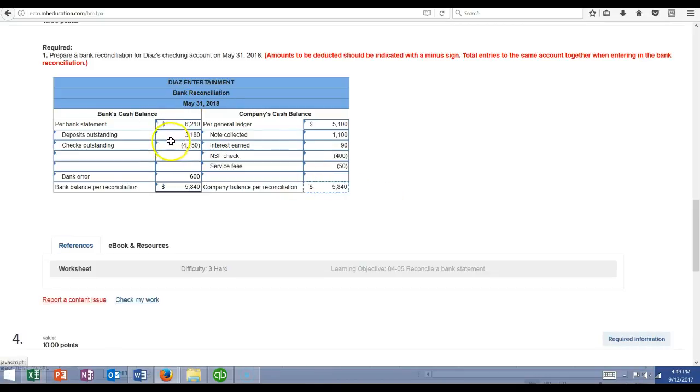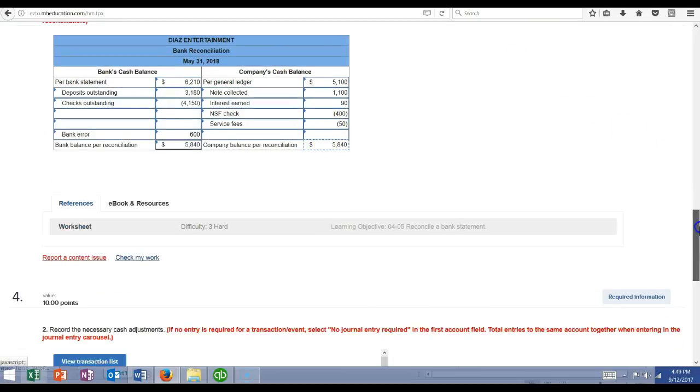So as we see here, the bank's cash balance per reconciliation is the company's balance per reconciliation. So now the next step is to record journal entries.